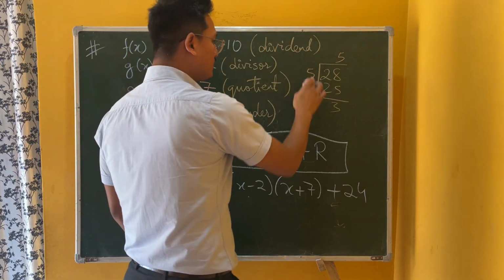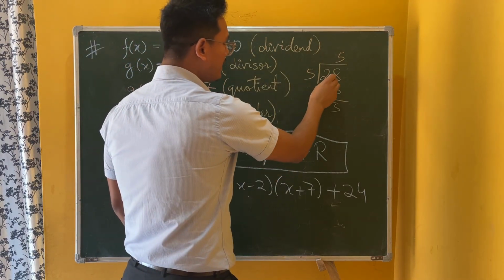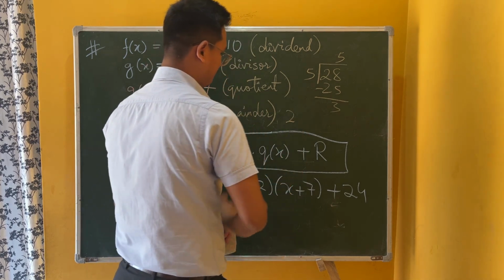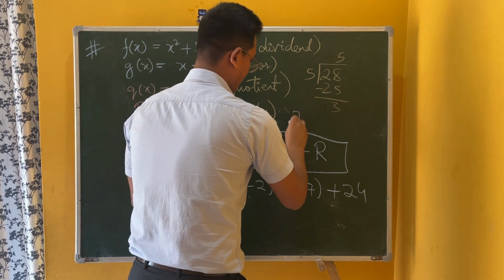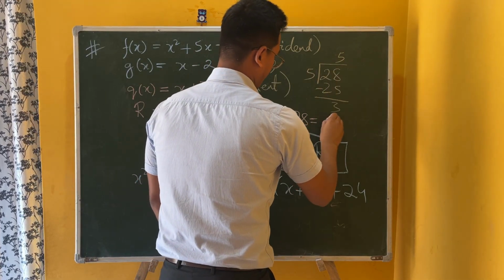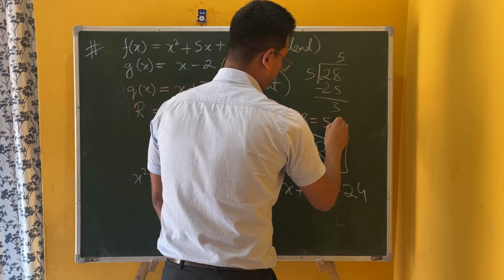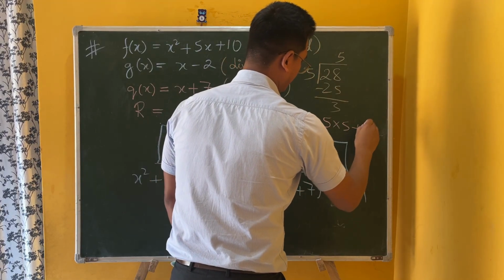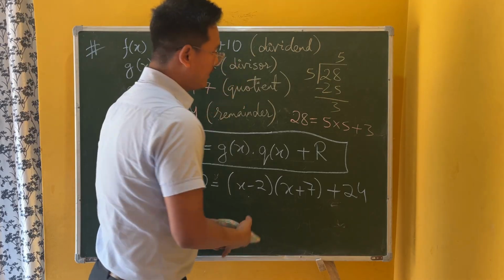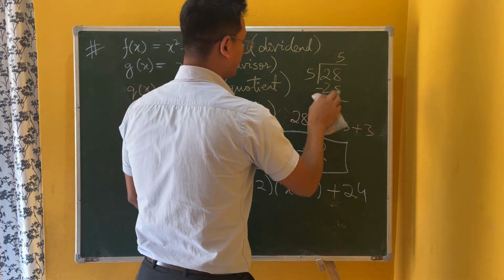Now with respect to the divisor, 28 can be written as 5 into 5 plus 3, right?